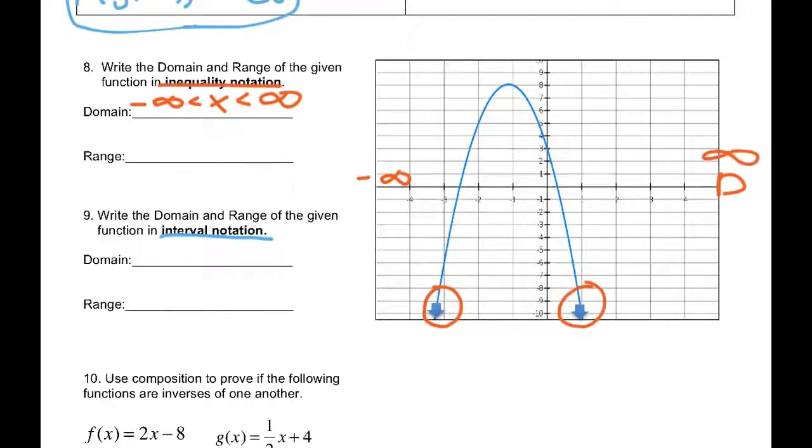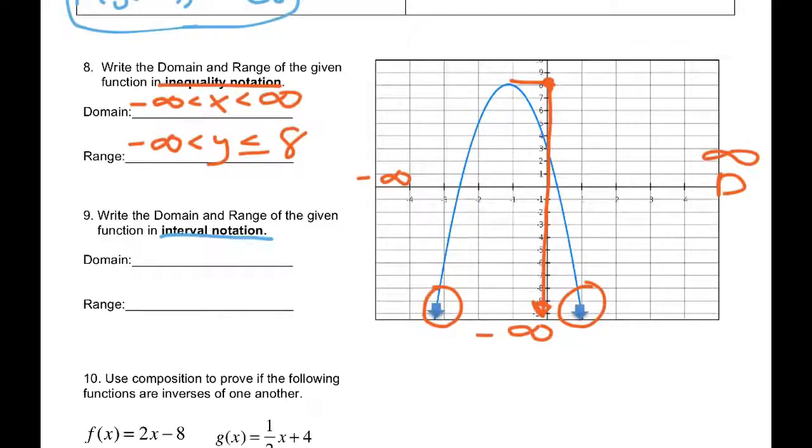Now range is from the least to the greatest. So the arrows are for the least. They're both pointing down. However, as we go to our maximum value, we see that it is at the 8. So on our y-axis here, it'd look like this: 8, negative infinity. But we go least to greatest. So we're going to go negative infinity is less than y, which is less than or equal to that 8.